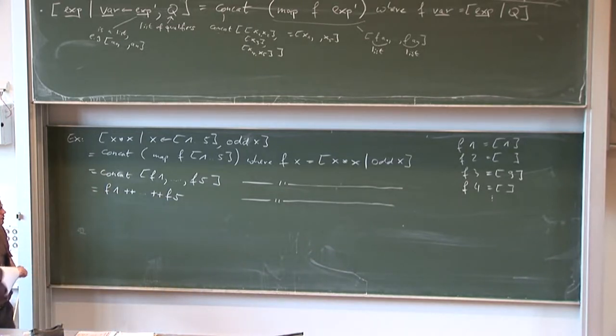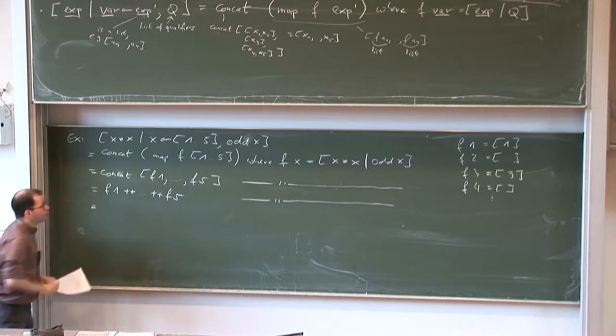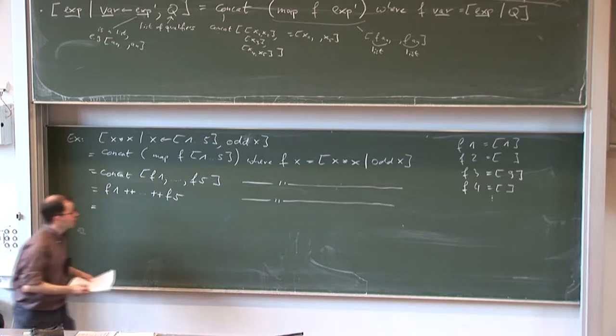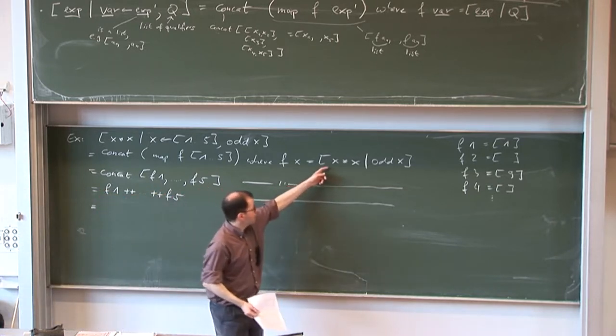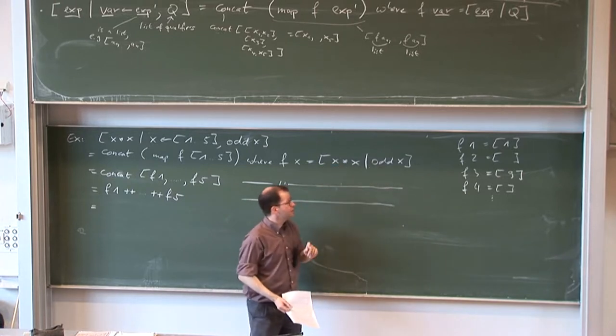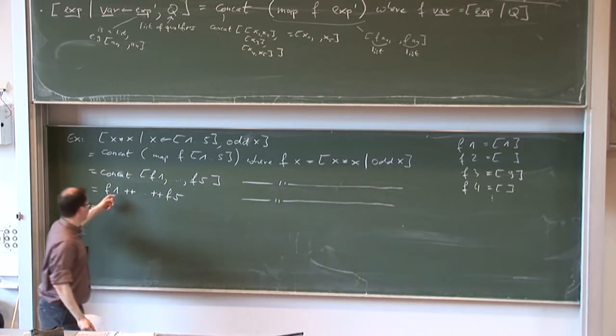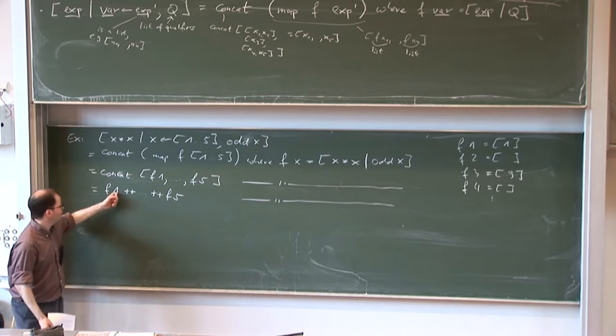Okay, so if we now execute this like this, we would get x times x if odd x, but x is replaced by 1 here, by 2 here, by 3 here, and so on.